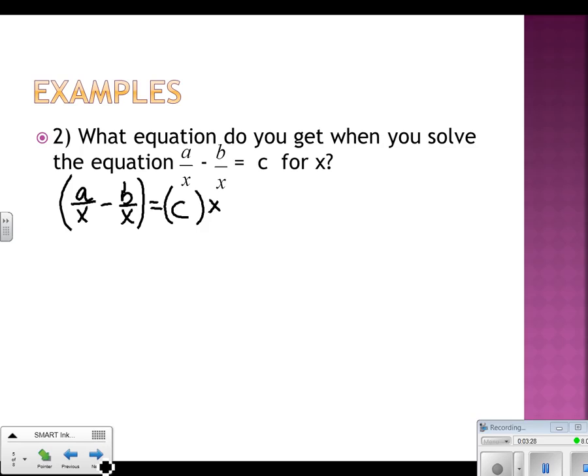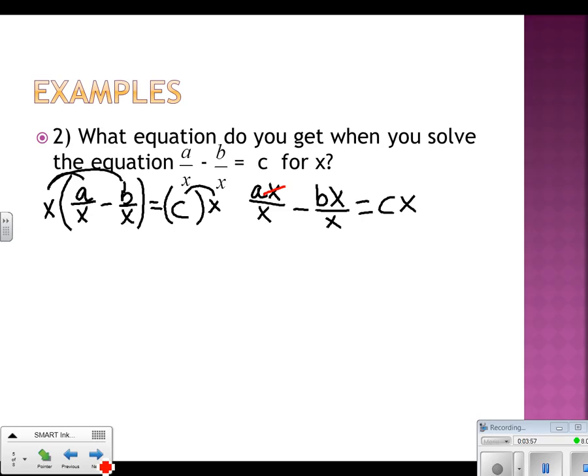It still is balanced because I'm doing the same to both sides. When I distribute an x and multiply the c and the x, I end up with a times x over x minus b times x over x equals c times x. Well, now we have common factors.